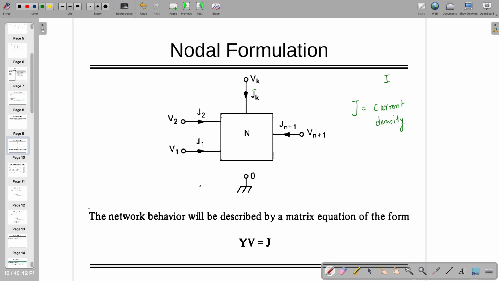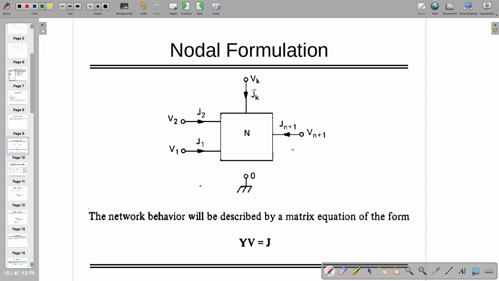So all old authors are using J as current. In our presentation, you will find J is current everywhere. So here J1, J2, Jk, and maybe Jn plus 1.